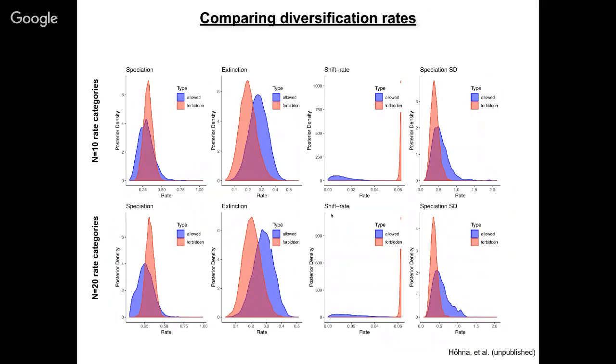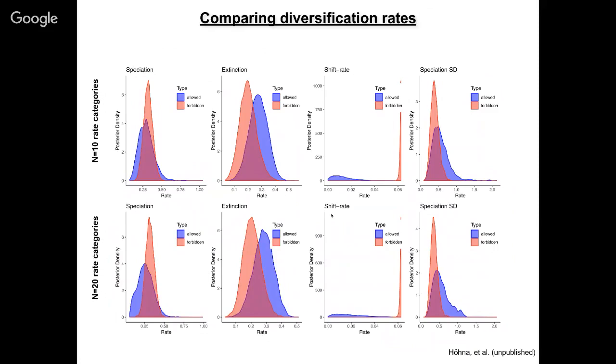What is a very interesting result here is if we look at the rate of shifts. If we allow for rate shifts at extinct lineages, we estimate the rate of shifts to be rather low, because there could be all these rate shifts at the extinct lineages.